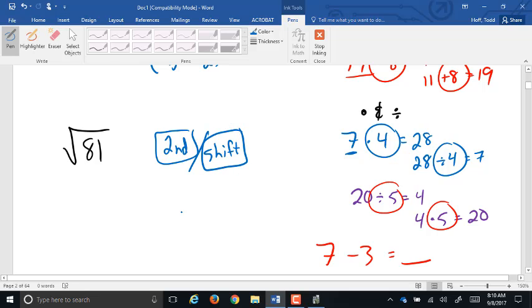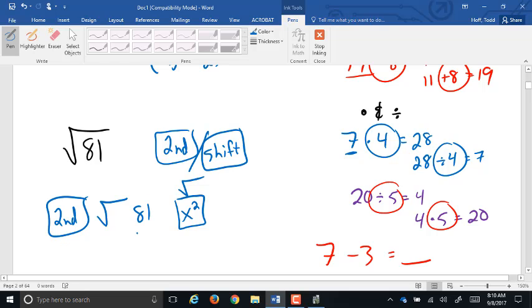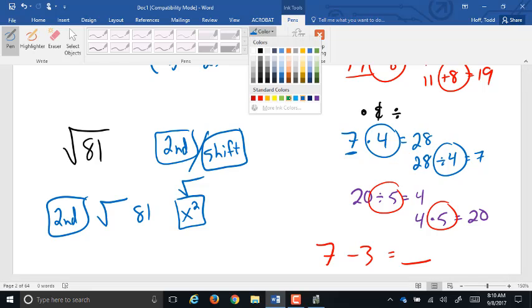And the square root is usually above an x squared key or something like that. To use that button, you have to do the second square root. So second or shift, and then that square root key, then type in the 81 and hit equals. What does it tell you? 9.